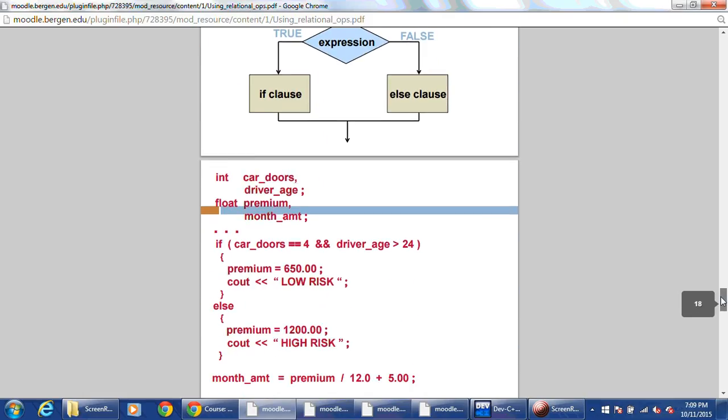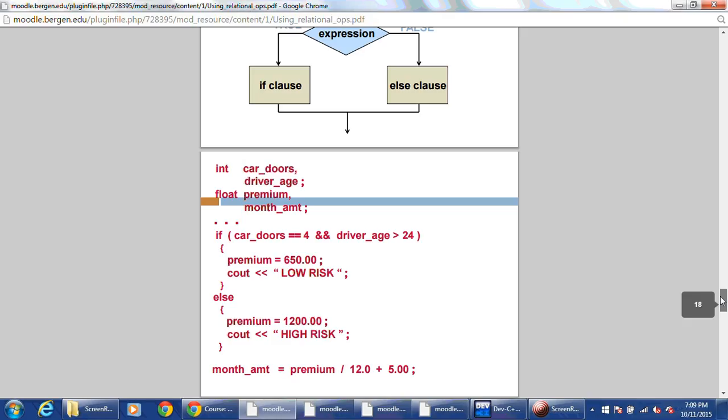clause. So if we look at the expression, the coding example here, a little bit hard to evaluate, but we just do it step by step. Don't let this overwhelm you. I know there's a lot going on here. You have the relational and logical operators, and then a conditional statement with the if else.